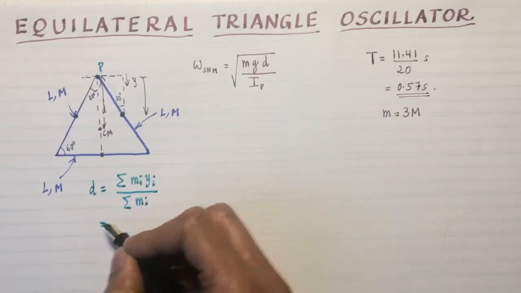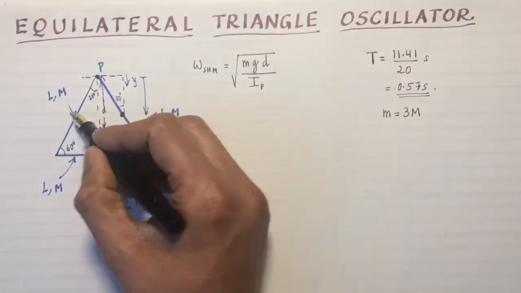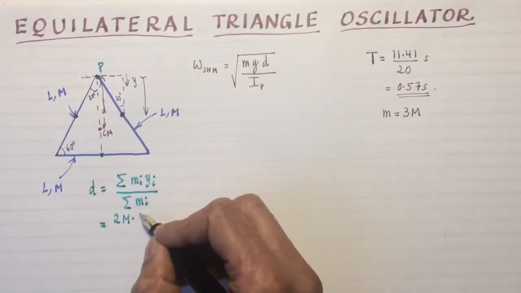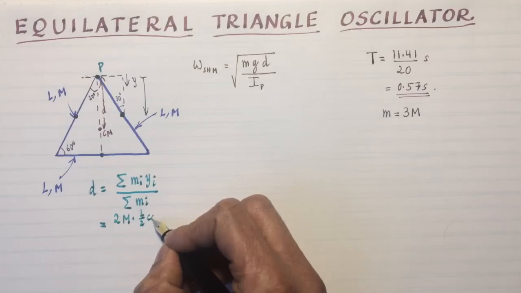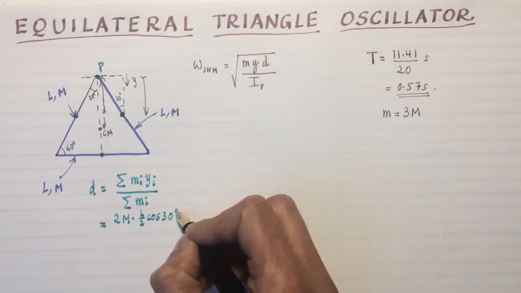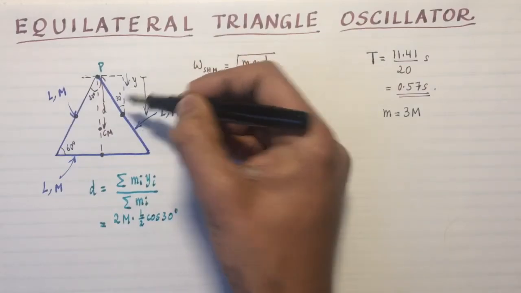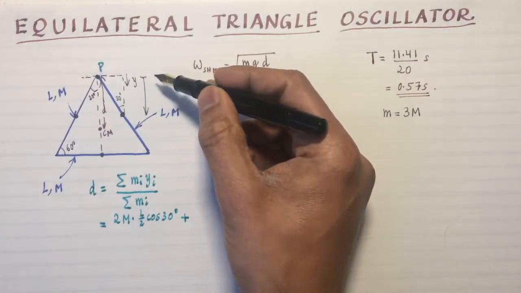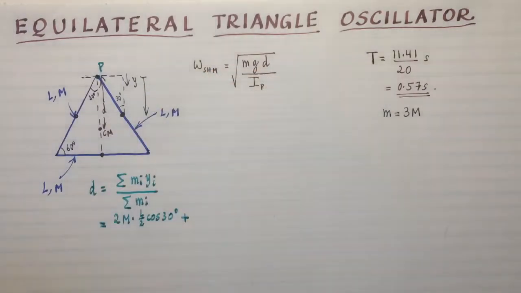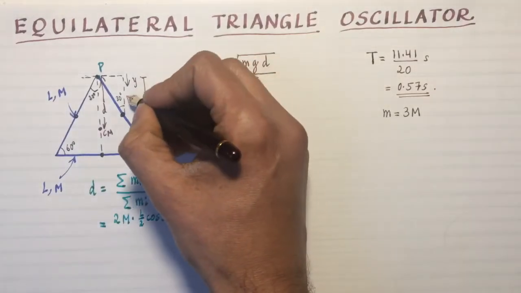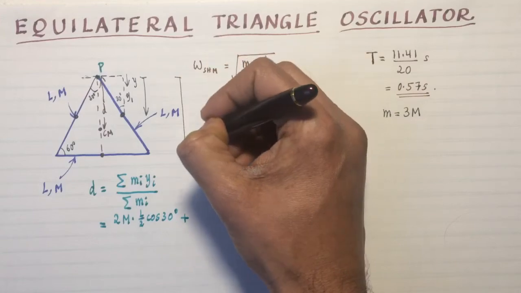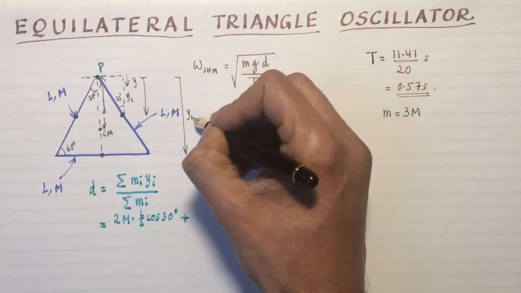So let's write this out. This is going to be 2 of these, so it's going to be 2M times L over 2 cosine 30 degrees, which is that distance, plus, I might actually call these something. I'll call this y sub 1, and I'll call this distance here y sub 2.